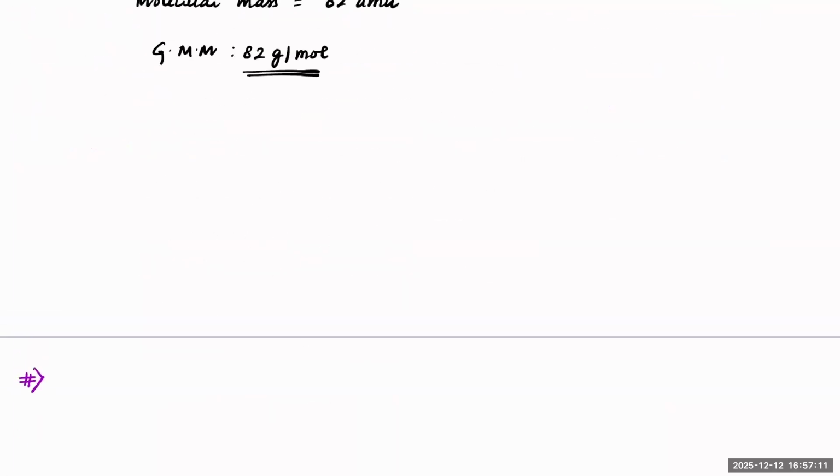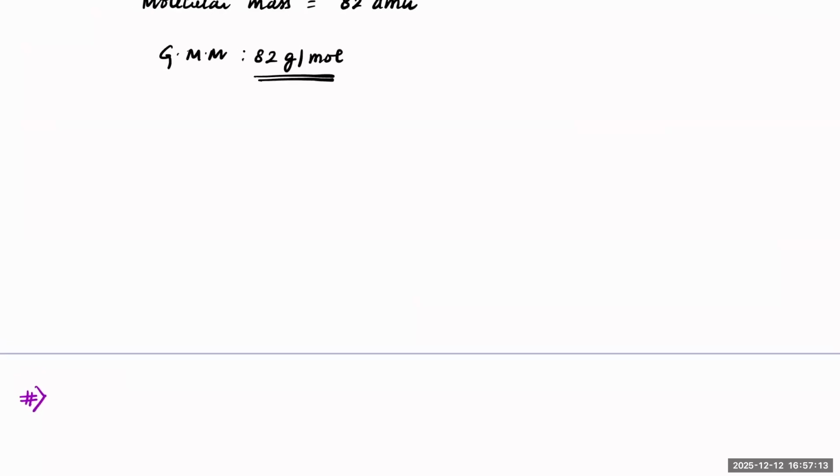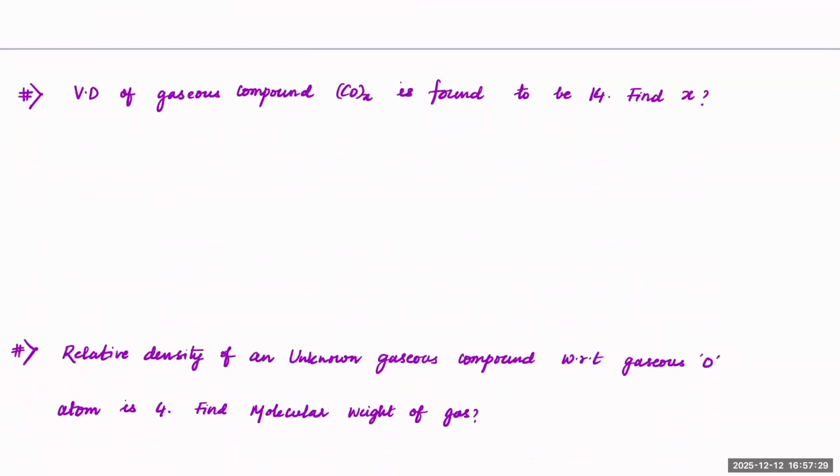So this is the first bit of it that we need to know. Now, before jumping on to the next part, which is about identifying average molecular mass, let's see how to figure that out.